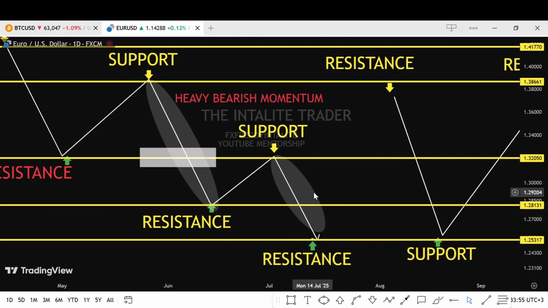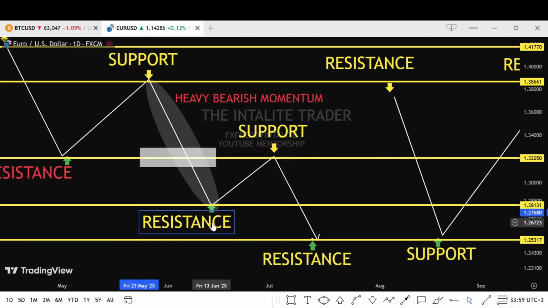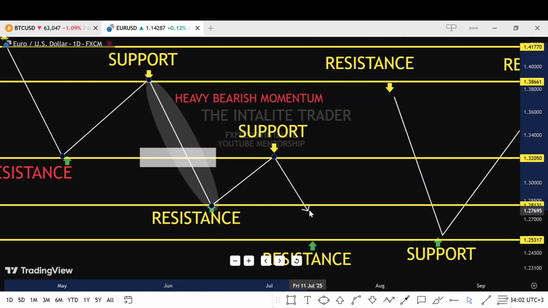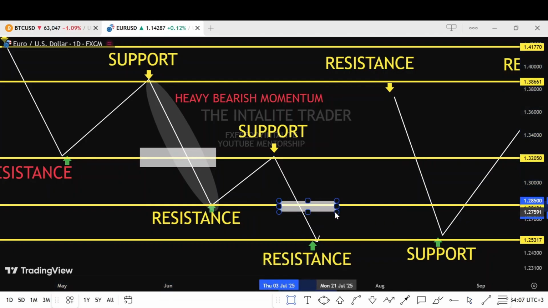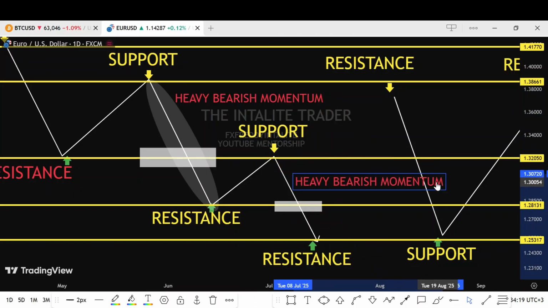Since this move was able to break this resistance level and created a new lower low, this breakout here, because it broke this resistance and gave us a lower low, we shall call it a heavy bearish momentum.